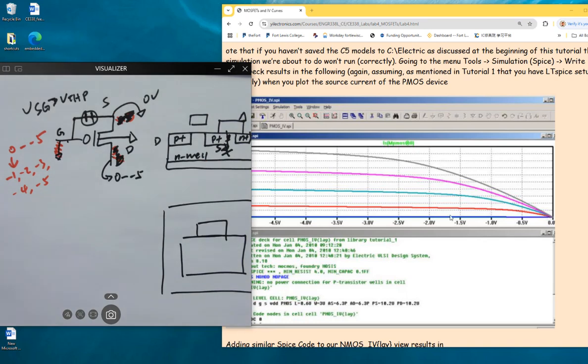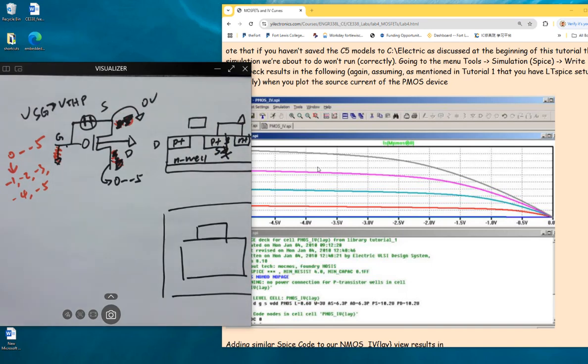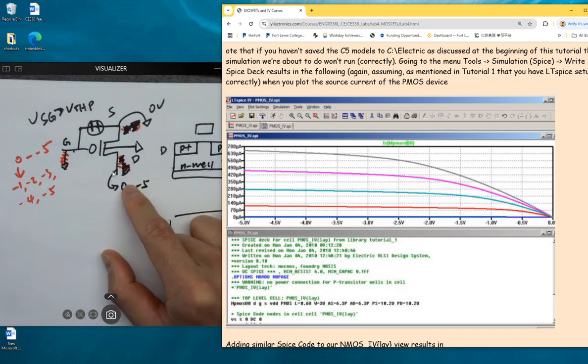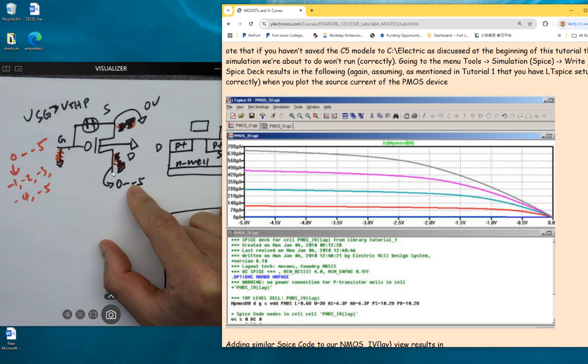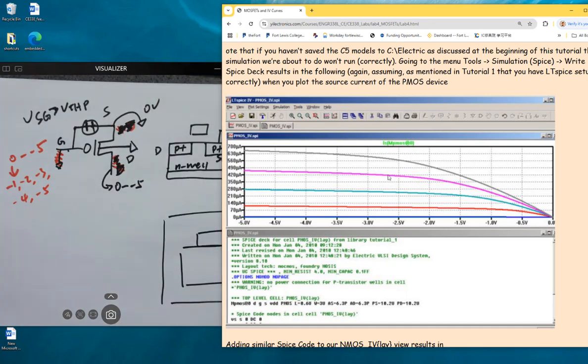So whenever you have a lower voltage to the negative side for the gate voltage here, the voltage drop between these two is getting larger. On the x-axis is VD, actually. So when this one gets more negative, you get a bigger drop from S to D, right? So eventually it's getting more current and eventually saturates over here.